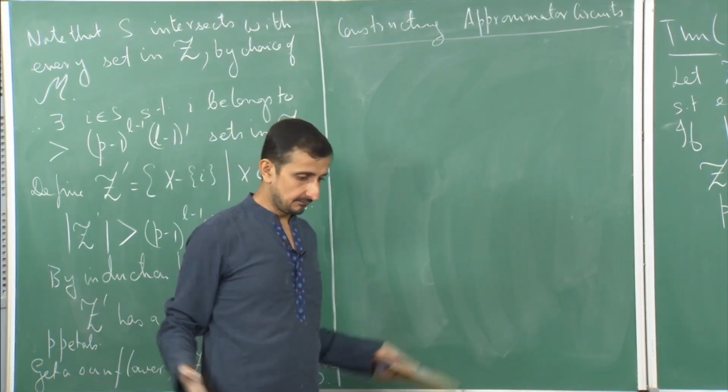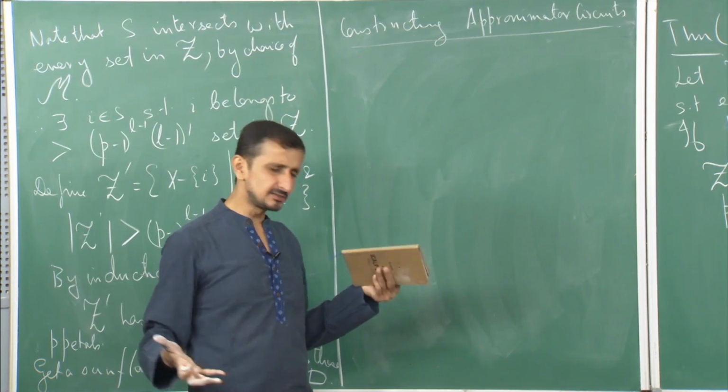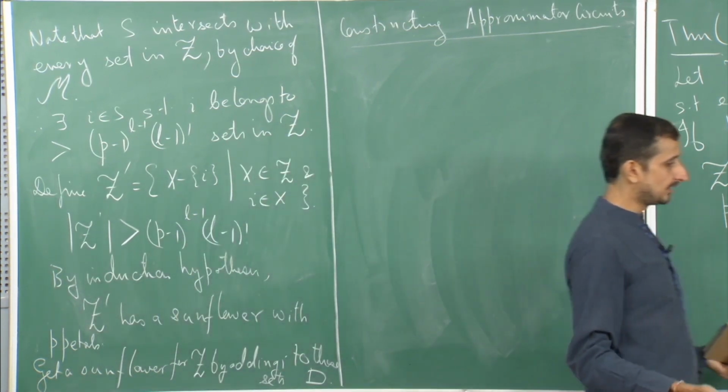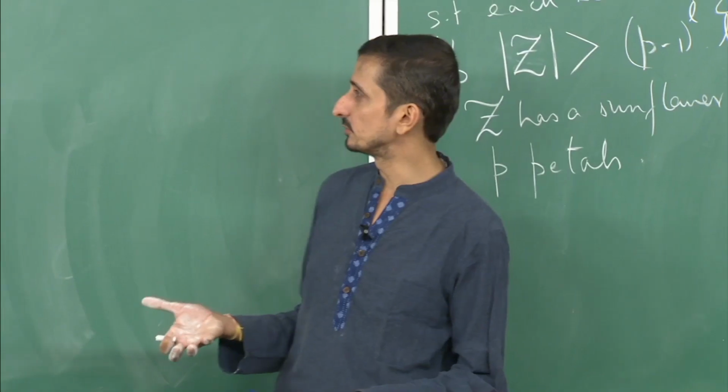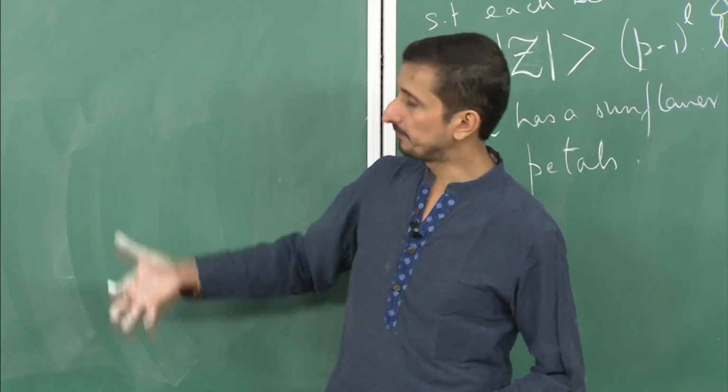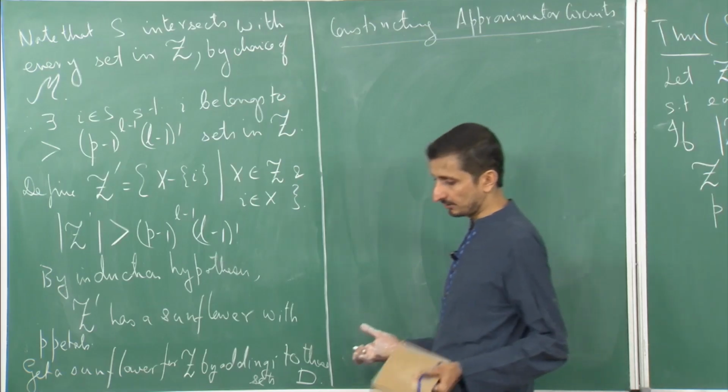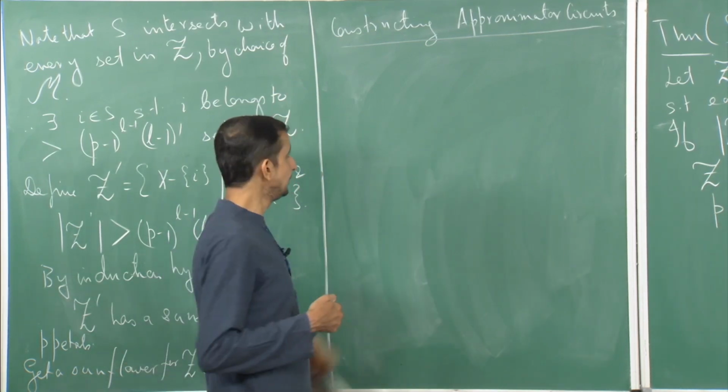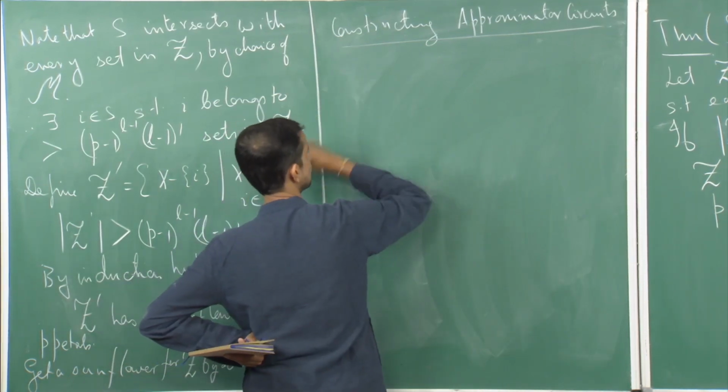So, we have our initial circuit C. We will build an approximator for any monotone circuit, and we start with the bottom, that is, we start with the input gates and then we will move ahead.